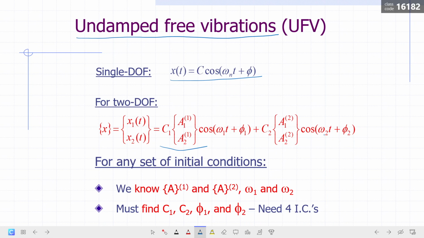Then for any set of initial conditions, we can find C1 and C2. We already know the amplitude, and we already know omega 1 and omega 2. Then using initial conditions, we can find C1 and C2.